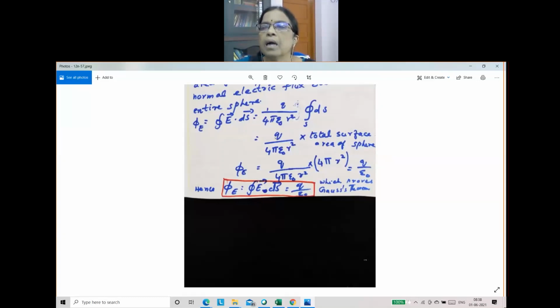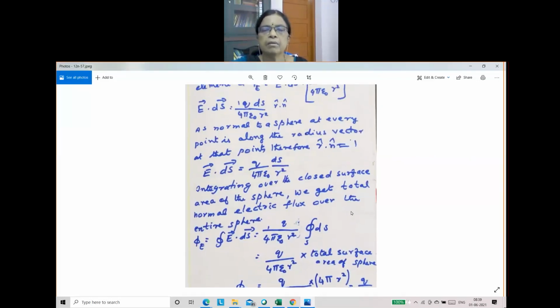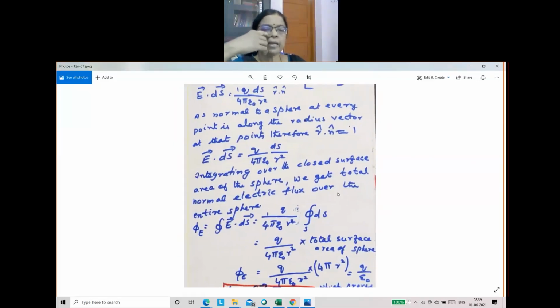So what is the equation for Gauss's law, children? Megha, what is the equation for Gauss's theorem? Megha Rajesh, what is the equation for Gauss's theorem?